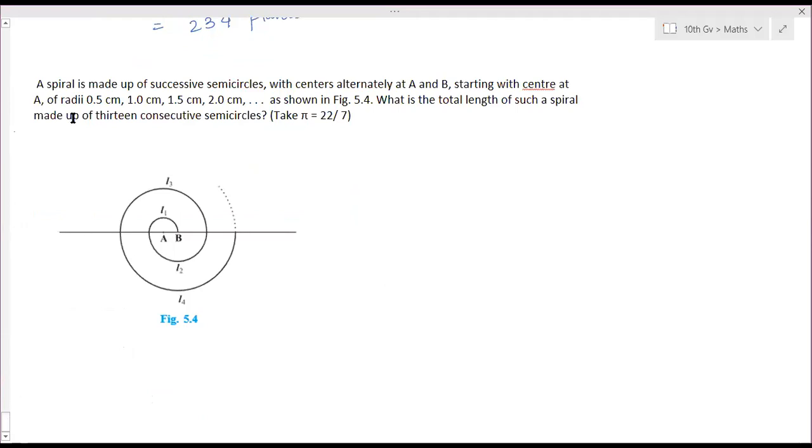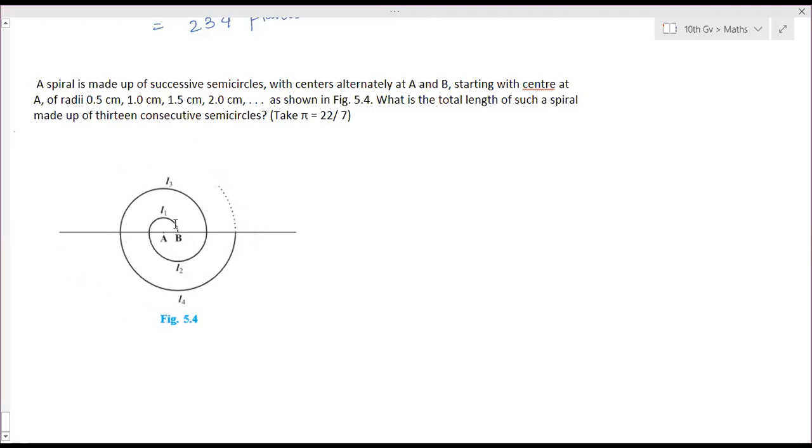Next question, 18th one. A spiral is made up of successive semicircles with centers alternately at A and B, starting with center at A, of radii 0.5, 1, 1.5, 2 and so on, as shown in the figure. So like this. The first semicircle, the L1 length, is made with center A. Then the second semicircle is made with center B. Then again this semicircle is made with center A. Then the fourth semicircle is made with center B, and so on.